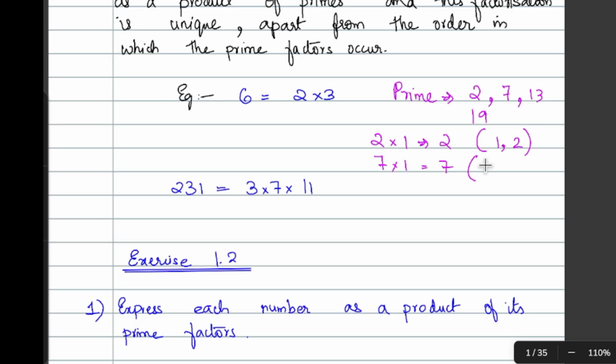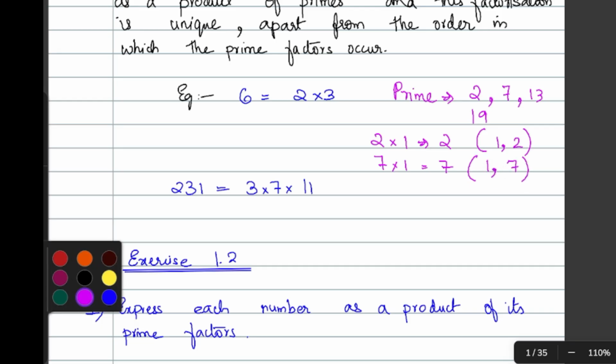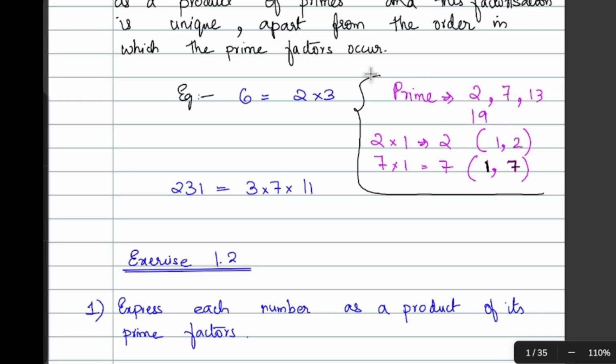Only 1 and 7, that means 1 and the number itself. These are the two factors. So a prime number always has exactly 2 factors, where one is the number 1 and the other is the number itself. Now you understood what a prime number and a composite number are, right?